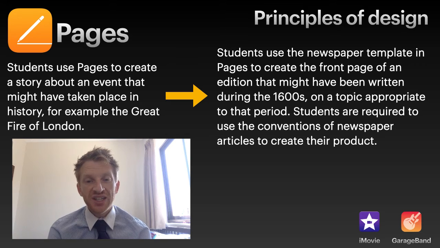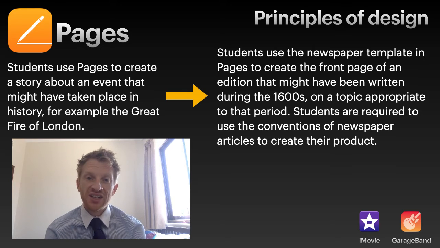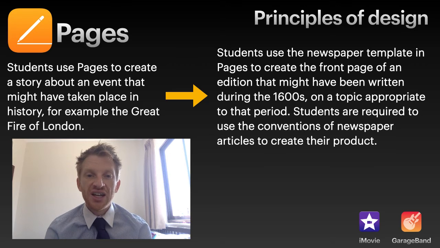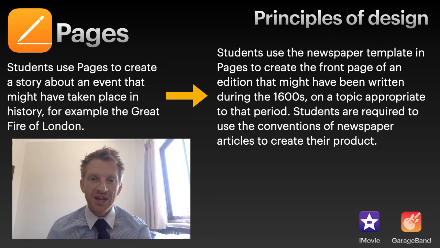The students have been given a newspaper template in Pages to create the front page of an edition that might have been written in the 1600s on a topic appropriate to that period. So it could be the Great Fire of London. The students are required to use conventions of newspaper articles to create their product. And it's about how they use those conventions, along with the principles of design, that shows they have a good understanding of layout and form within that Pages document.